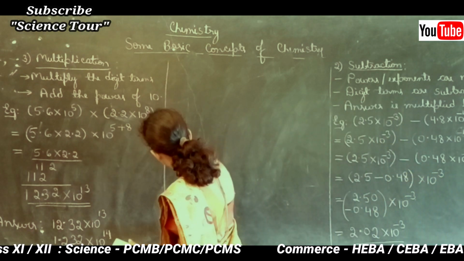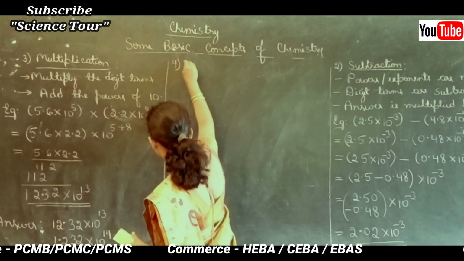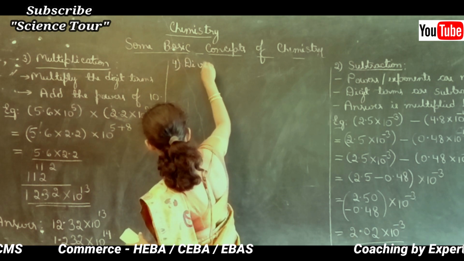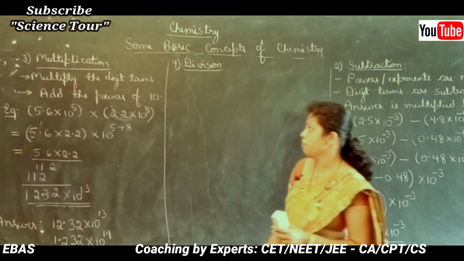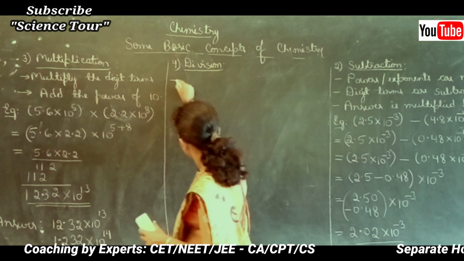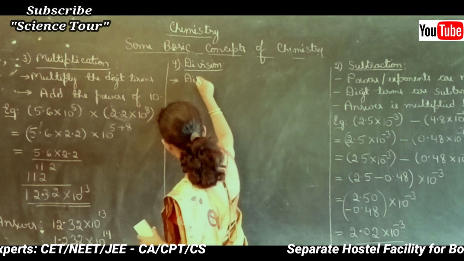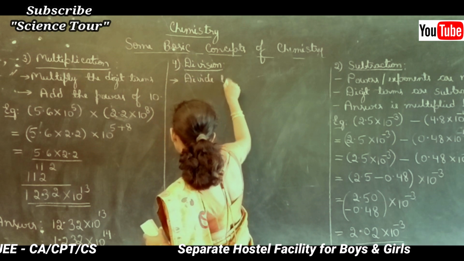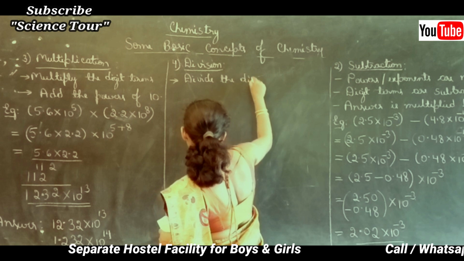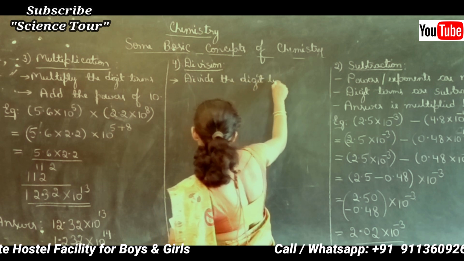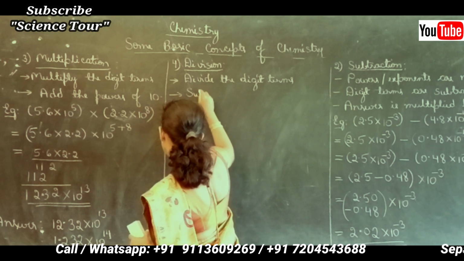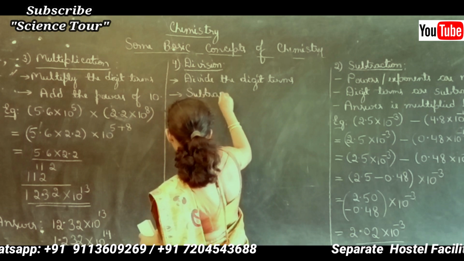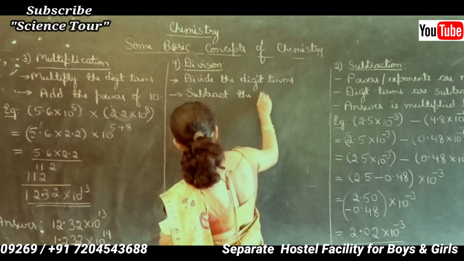Now let's deal with division. Division is also simple. Here, divide the digit terms and subtract the exponents.